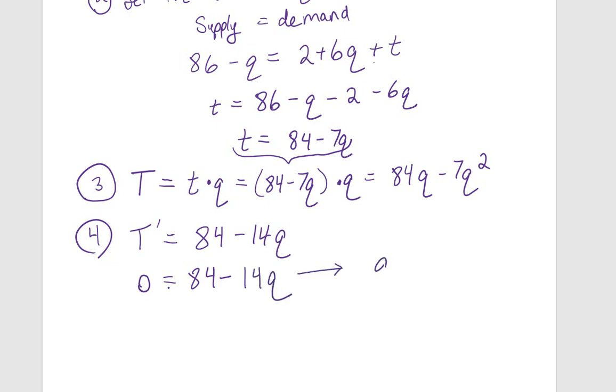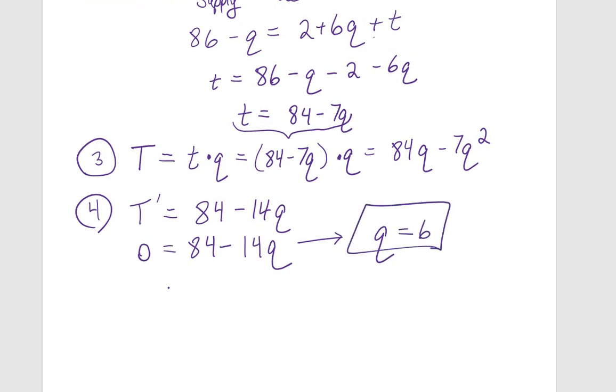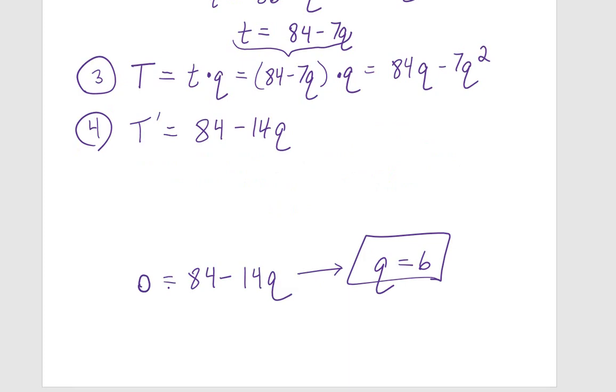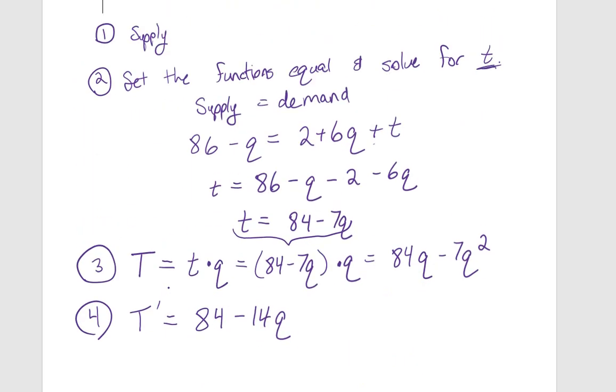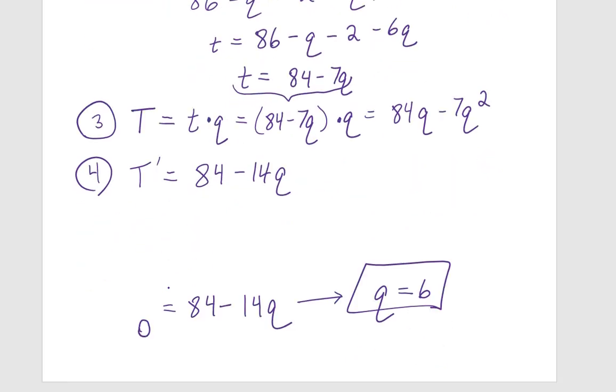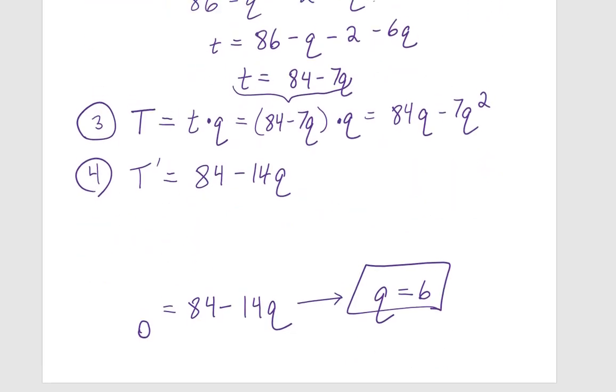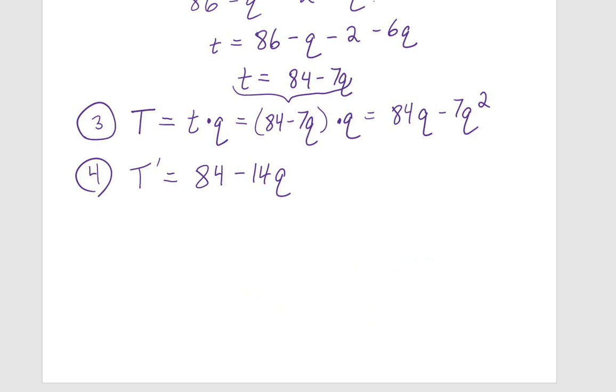And when we do that, we get that q should equal 6. Now, that's not our answer because we still want to know, when q equals 6, what should our taxes be? I'm just going to go ahead and erase this so I have some more room. So we get 0 equals 84 minus 14q, which means q has to equal 6.